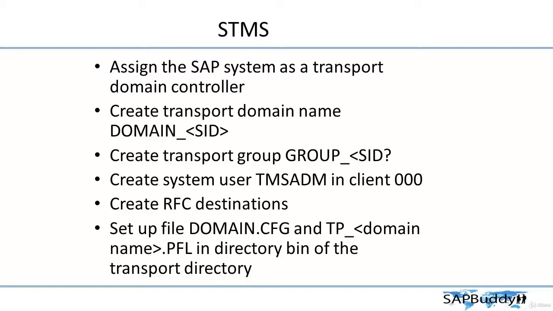The TMS_ADM user is a very important user in client 000 for the system landscape and transport management. Then it will automatically generate the RFC destination required for the TMS configuration.